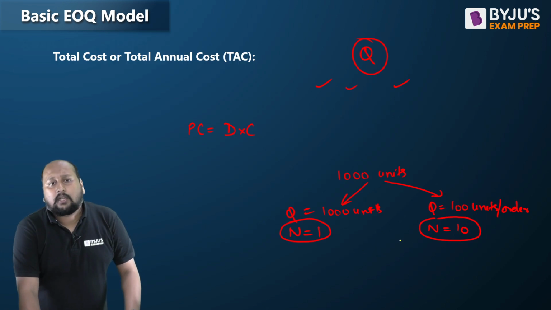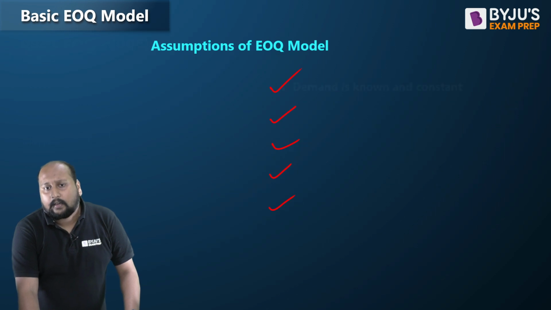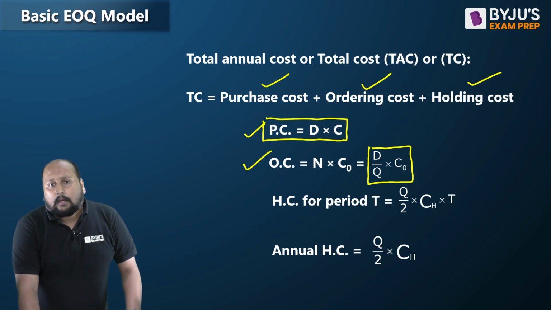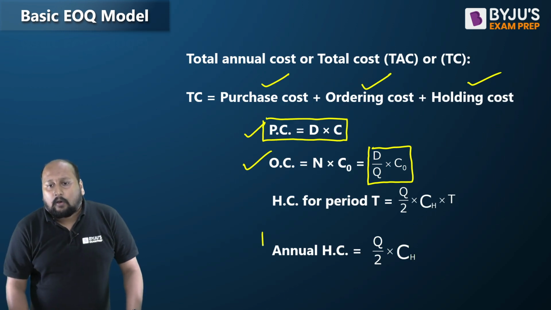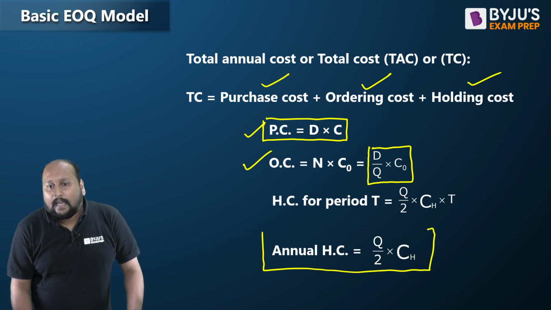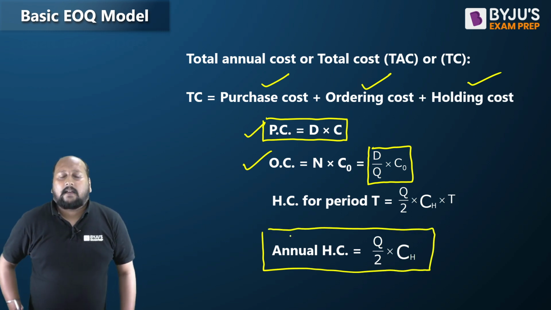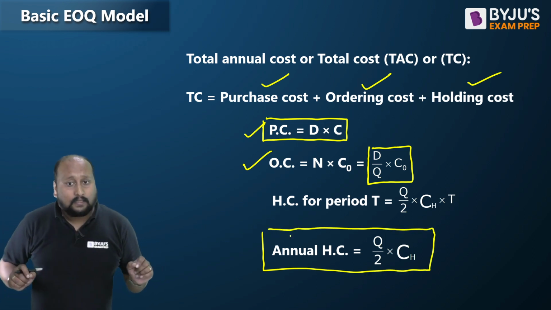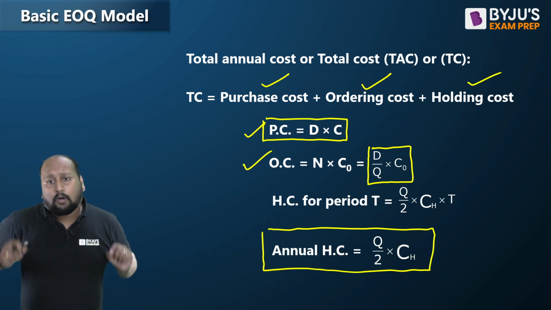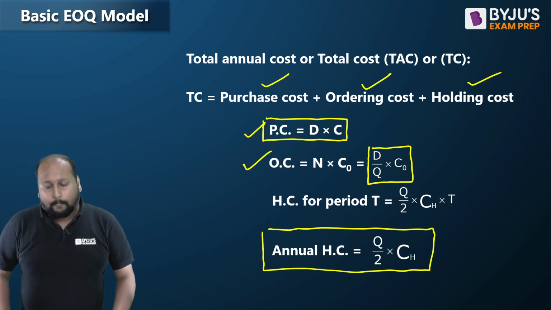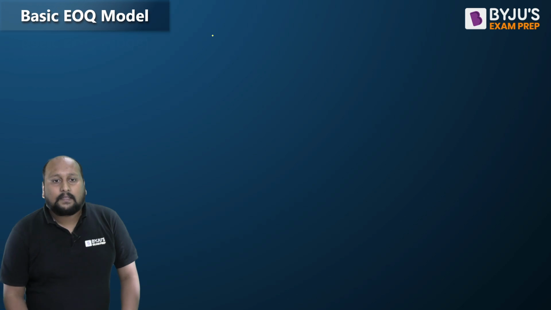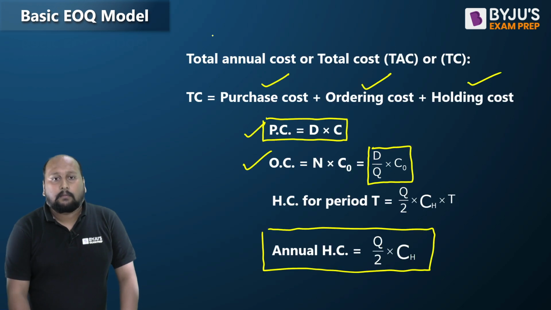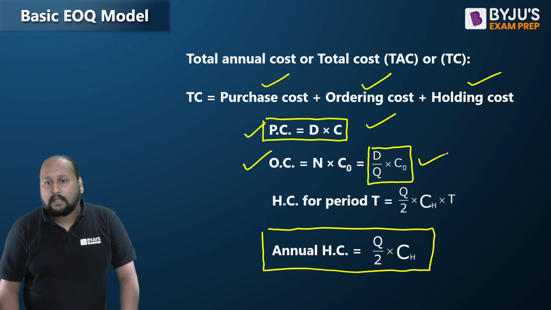We can now use this relation here: the annual holding cost is Q by 2 into CH. So I have formulated the results, and the total annual cost is purchase cost plus ordering cost plus holding cost, the summation of these three terms.